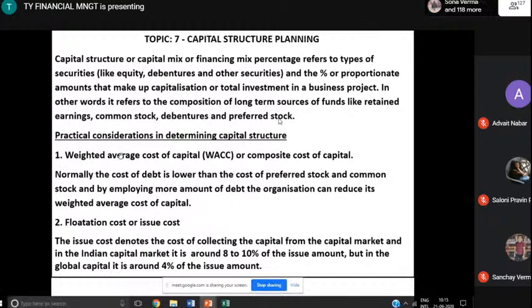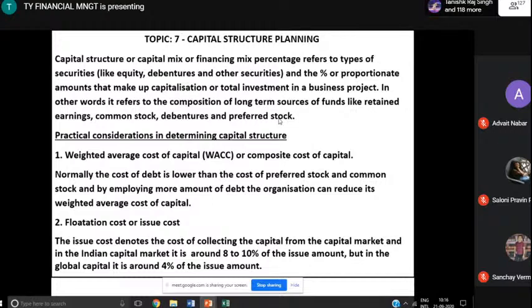Remember? WACC is equal to weight of equity into cost of equity plus weight of debt into cost of debt.